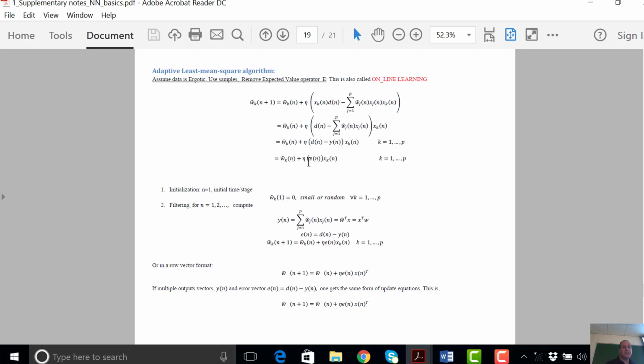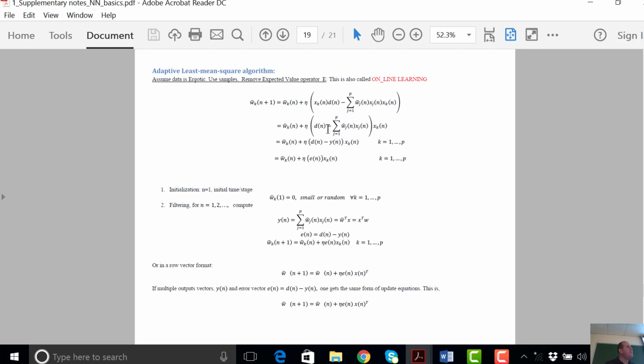It's as if the expected value operator has been removed, which means that when a sample comes in, I compute per sample, or perhaps average over a few samples, to estimate the expected value. So it's a crude estimation of the expected value. If the data is ergodic, that estimation is going to work. Over a long time, you'll actually be estimating the expected value. And this is the equation.